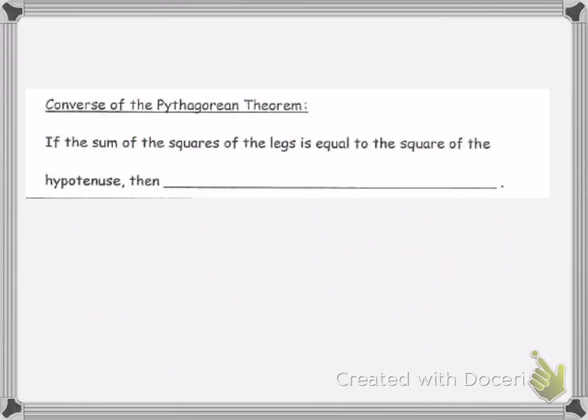We can use the Pythagorean theorem for more than just finding the length of a missing side. We can also use the converse of the Pythagorean theorem, which basically just says if you take the sum of the squares of the legs, if that is equal to the square of the hypotenuse, then the triangle is a right triangle.